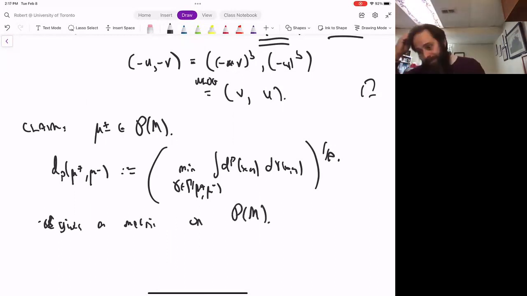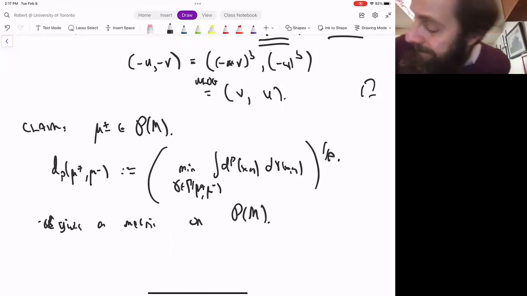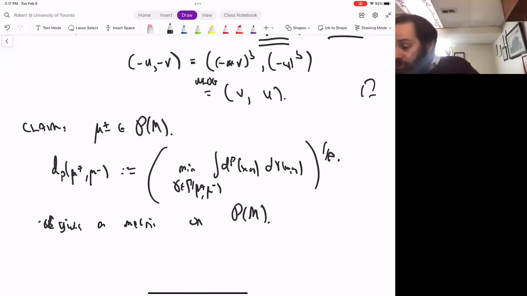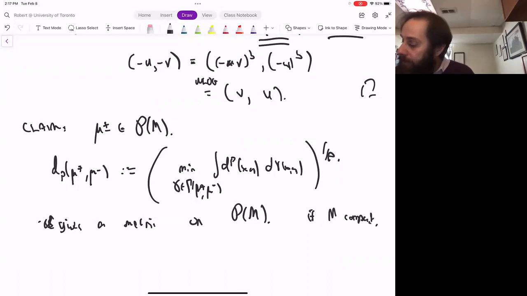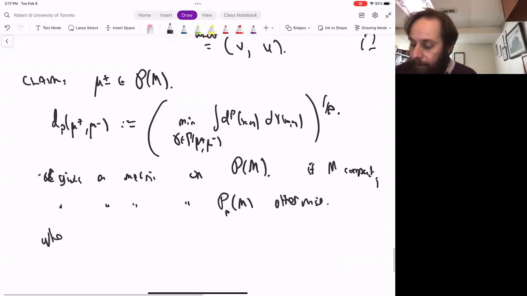Well, okay, so now there's a little bit of a caveat. This would be true if M is compact, and otherwise it gives a metric on a certain subset, which depends on p. What is the set of good measures?